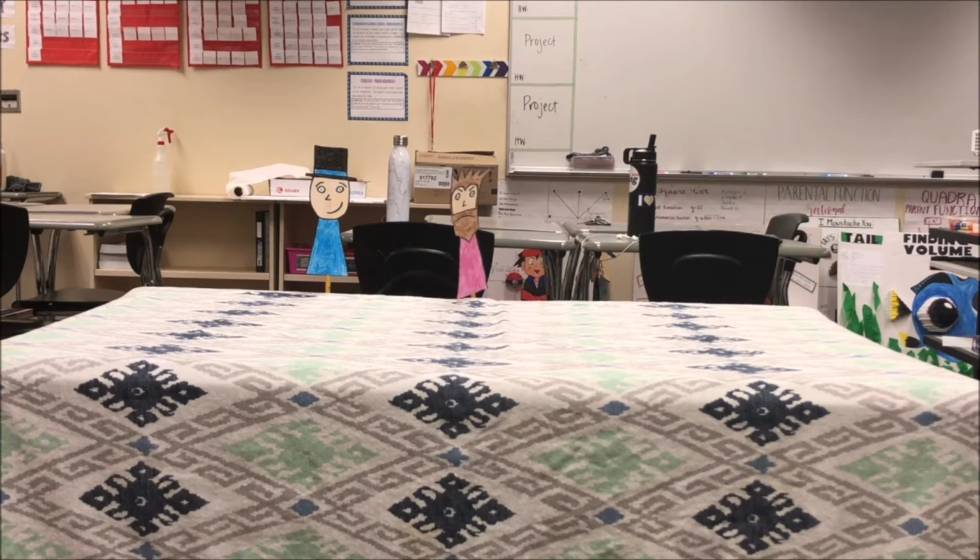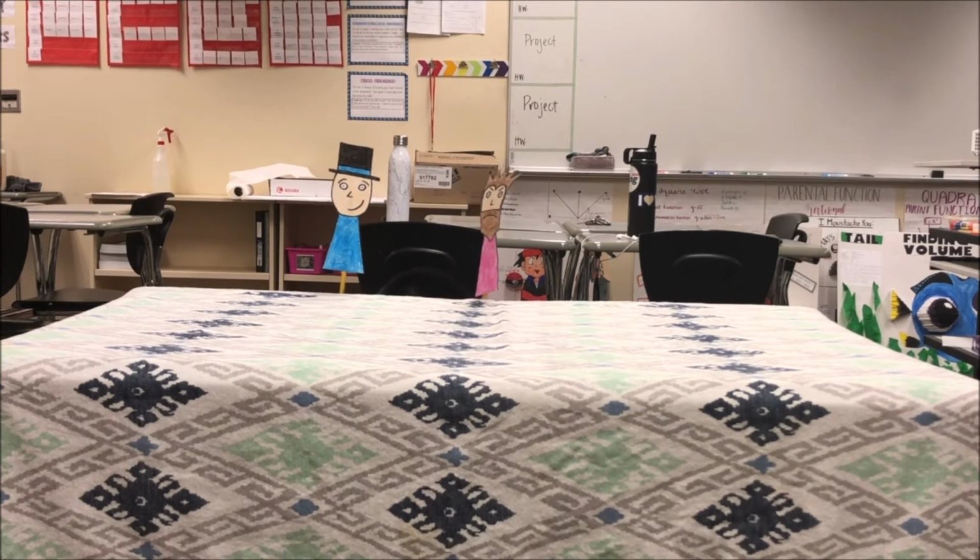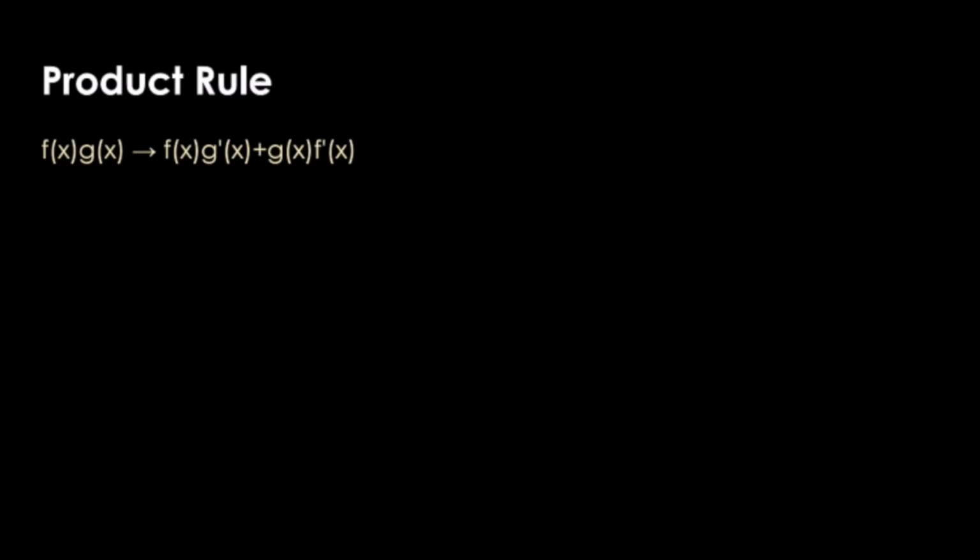Howdy, Brian. I'm going to throw a party. Are you coming? Yeah, we can do calculus together. Have you heard of the product rule? No, what's that? Product rule. If you have two functions multiplied by each other, you should apply the product rule. To do so, take the first function and multiply it by the derivative of the second function.